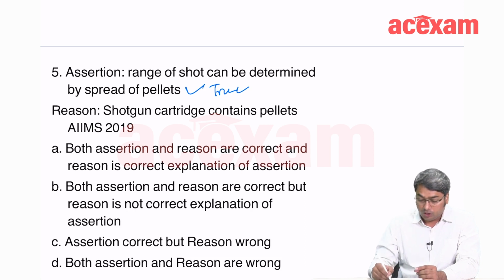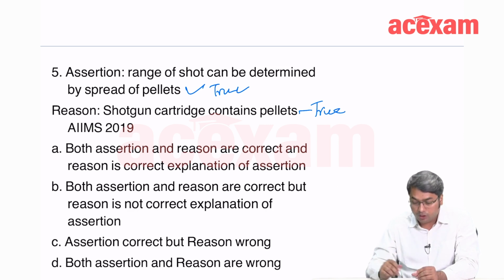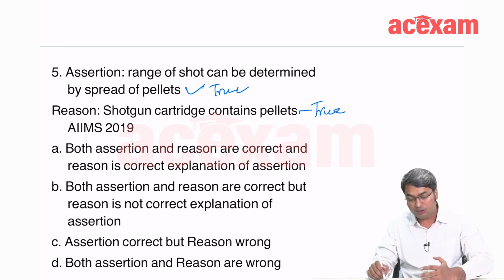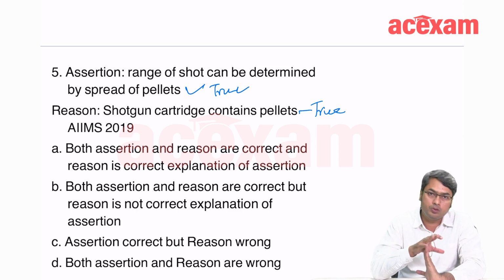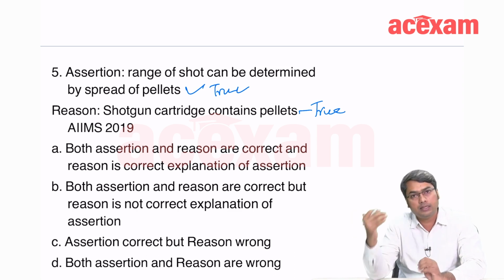Next, the reason: shotgun cartridge contains pellets. That is also true. So both assertion and reason are correct. But shotgun cartridge containing pellets is not the reason behind this assertion. Pellets get dispersed, that is also true.